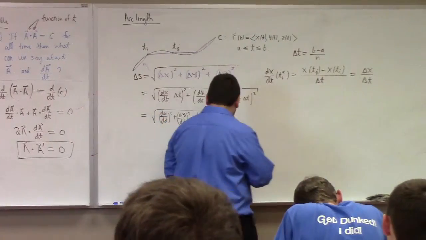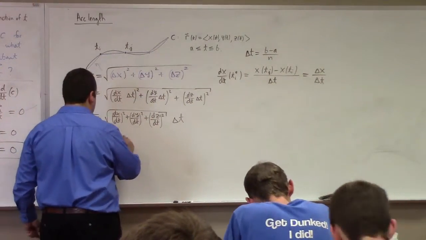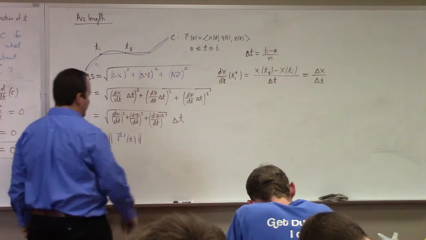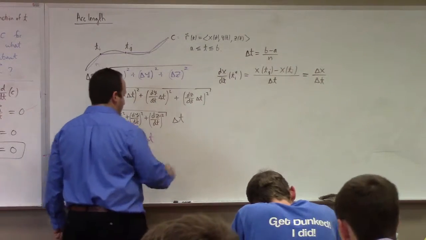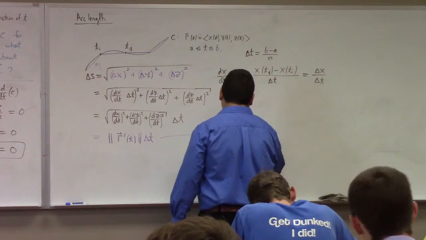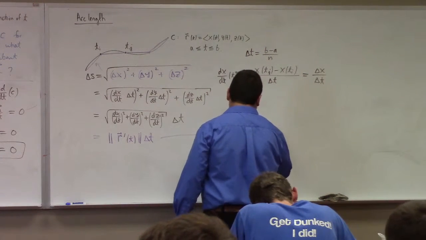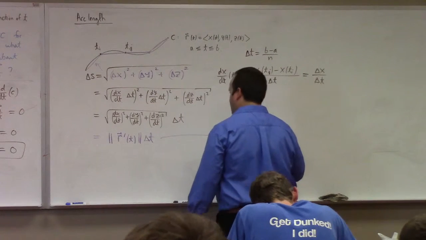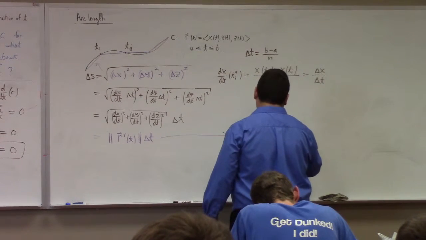Time I've said that in here. But yeah, that's the magnitude of r prime of t, delta t. So if you want to get the net arc length, you take the sum, i equals 1 to n, of the magnitude of r prime.